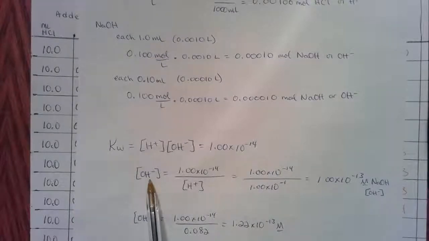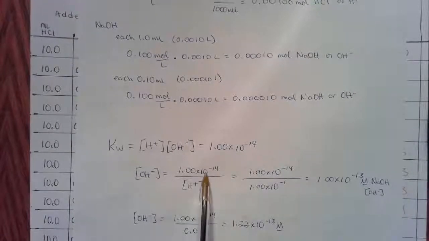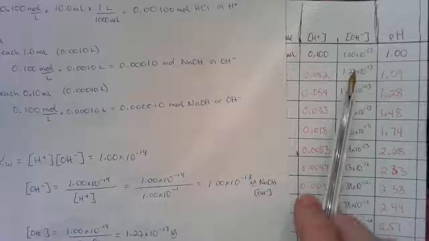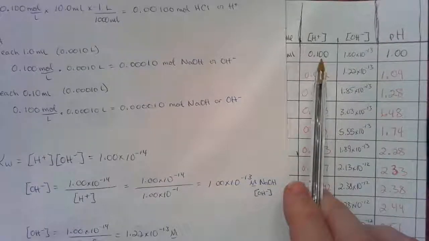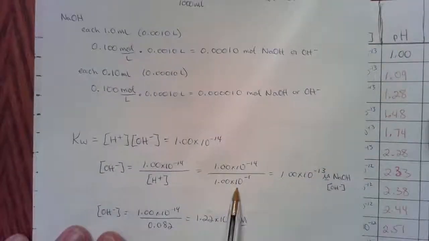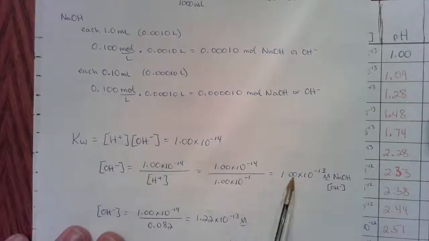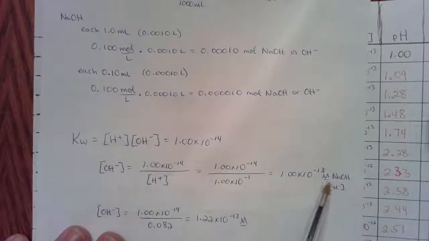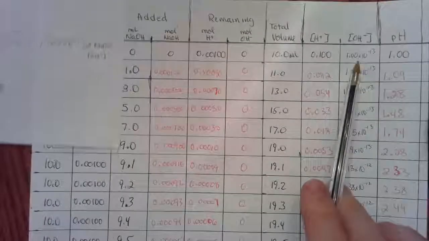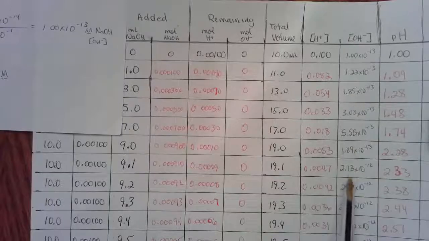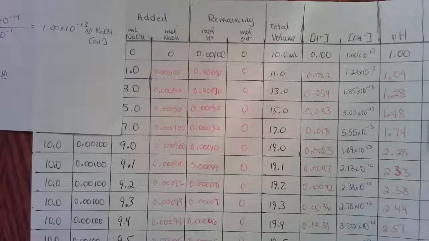So the hydroxide ion concentration will be 1 times 10 to the minus 14th divided by the hydrogen ion concentration, which we just said was 0.1, or 1 times 10 to the minus 1. So 10 to the minus 14th divided by 10 to the minus 1 is 1 times 10 to the minus 13th moles per liter hydroxide ion, which we've included right there.